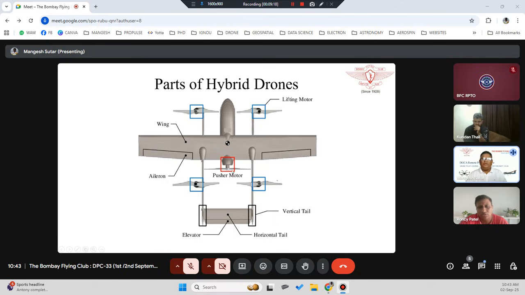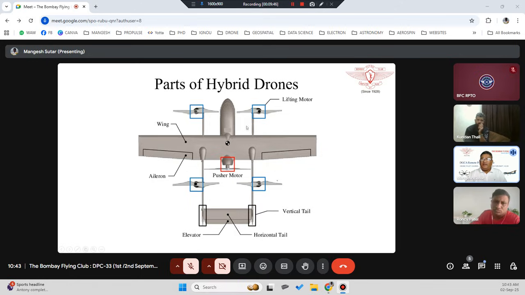These are only used when the hybrid drone is on the ground and needs to take off. At that point in time only the lifting motors come into the picture. Once it has transitioned to fixed wing, these four motors automatically stop rotating and the pusher motor has already started rotating. So as it takes off, it transitions and starts moving in the forward direction by the pusher motor.